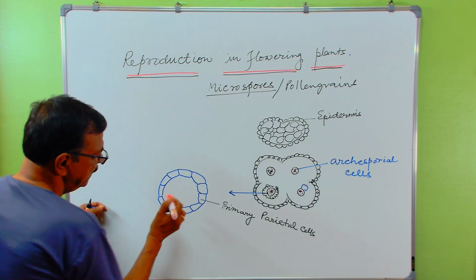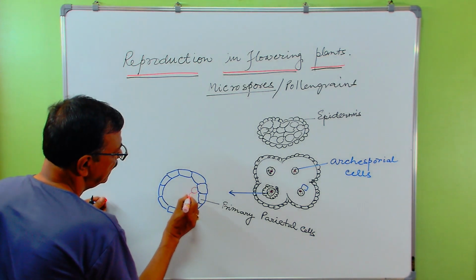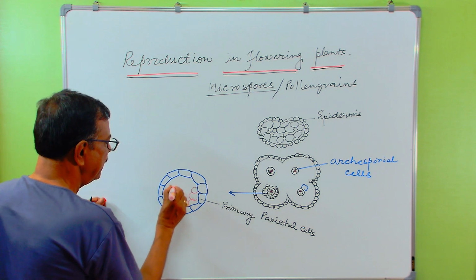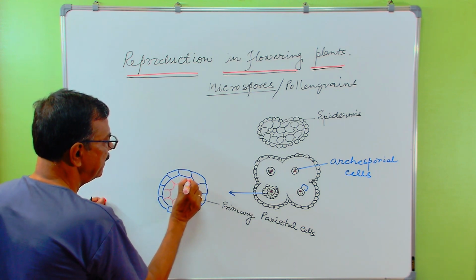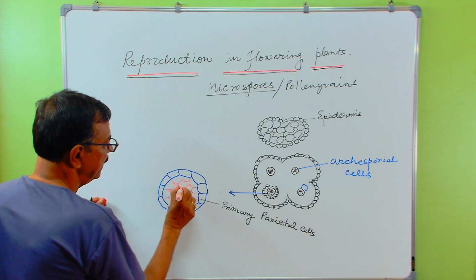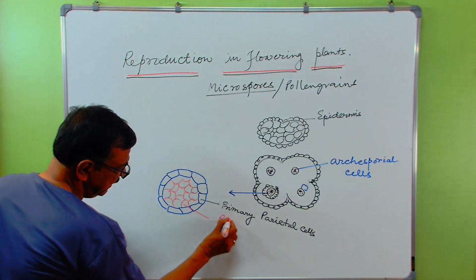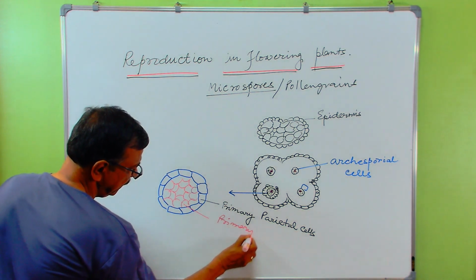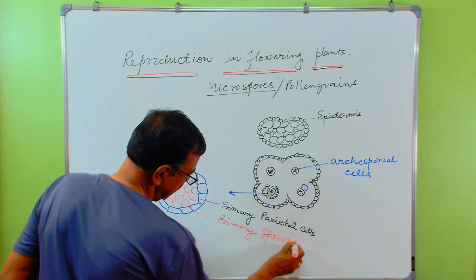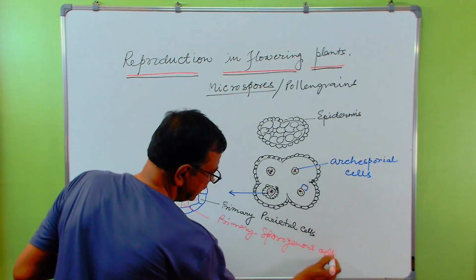Here they produce these, which are called primary sporogenous cells.